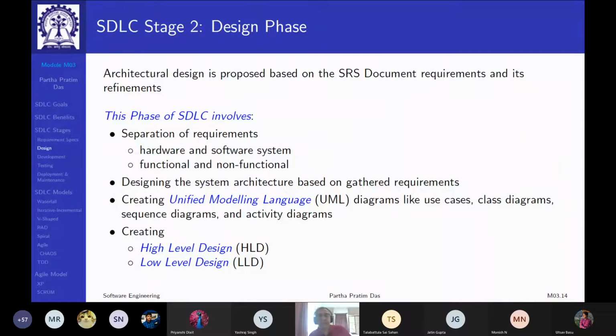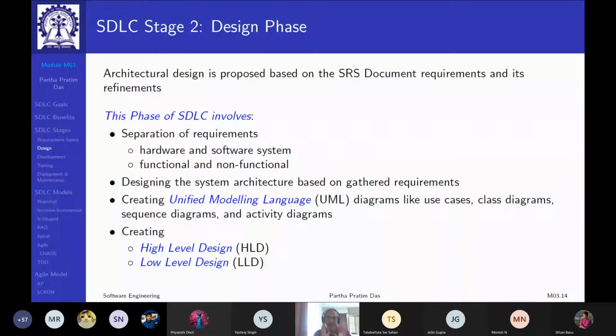There are some standards specified, but often people choose to put the SRS in a form which is best suited for the kind of requirements that you have.